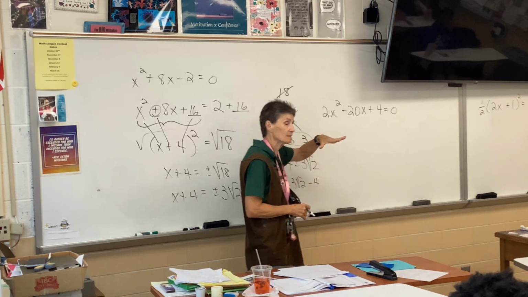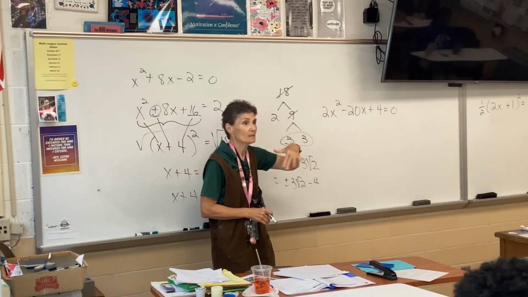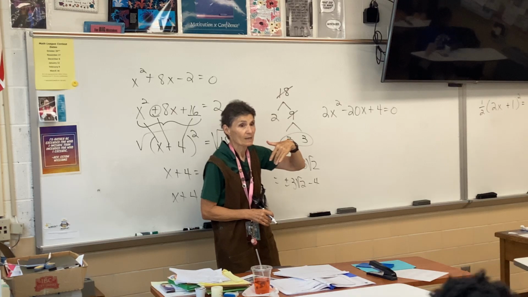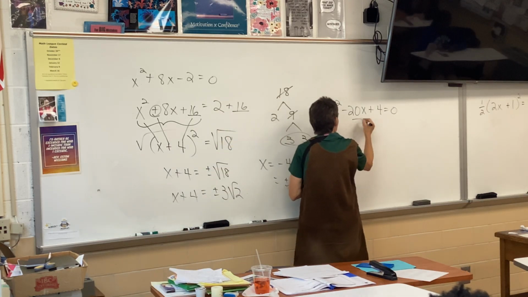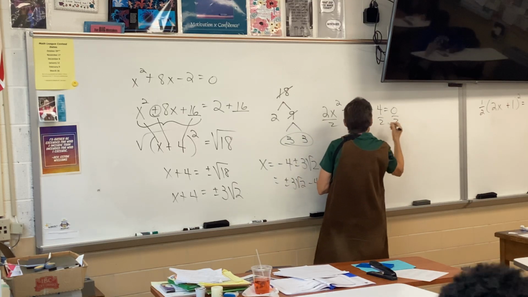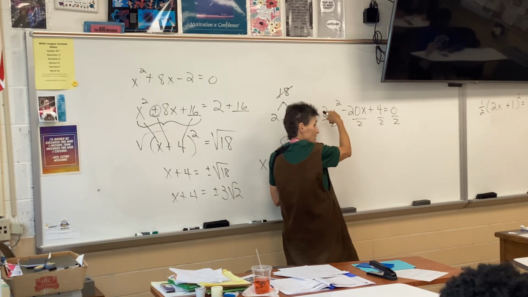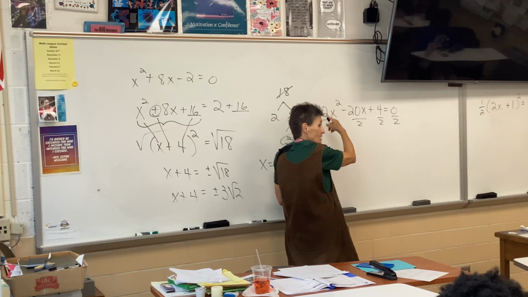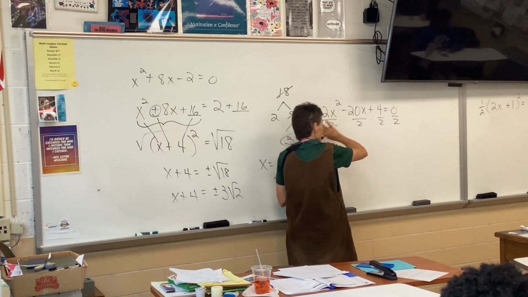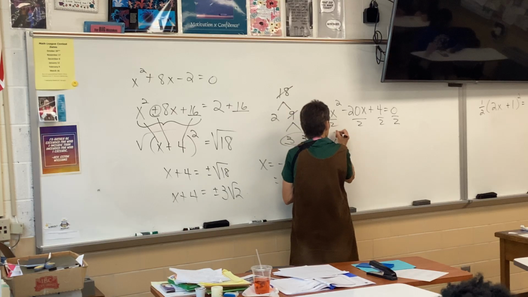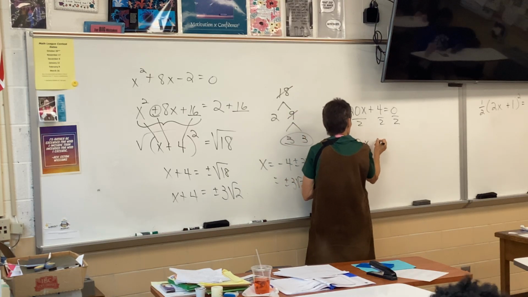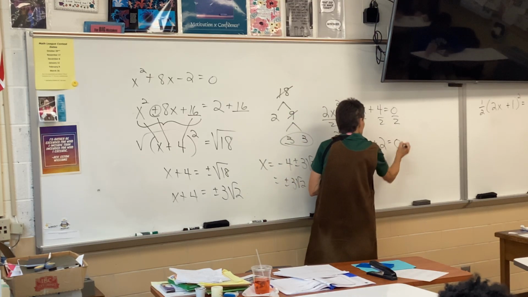So like Alex said, the first thing we're going to do is divide everything by 2. No matter what this number is, you have to divide by it. So if that would have been a 3, I would have divided everything by 3. So now the equation that you're actually going to solve is this one.